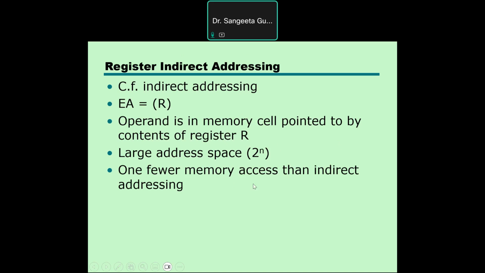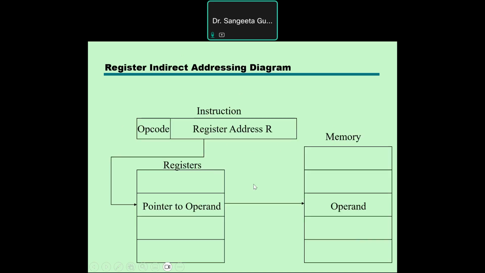Only fewer memory accesses are required when compared to the indirect memory addressing mode. Here, the instruction will contain opcode and the address of the register, which in turn contains the address of your operand pointing to a memory location. So, multiple references are required to fetch a particular operand from the memory.